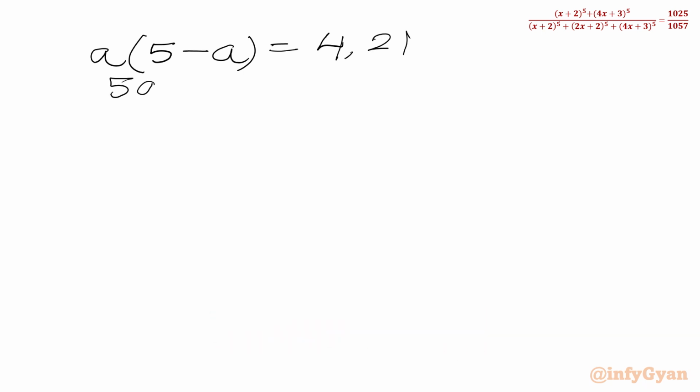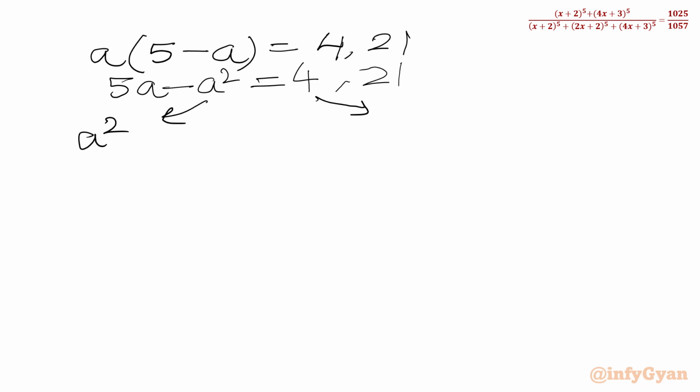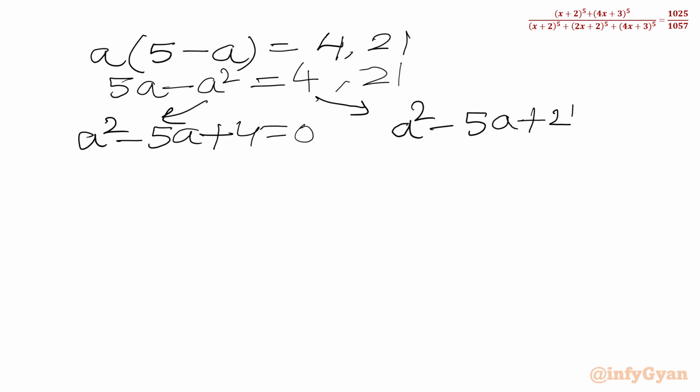Or we can write 5a minus a square is equal to 4 and 21. So we will get two quadratic equations. Once we equate with 4, we will be getting a square minus 5a plus 4 equal to 0. First equation. And second equation will be a square minus 5a plus 21 equal to 0.